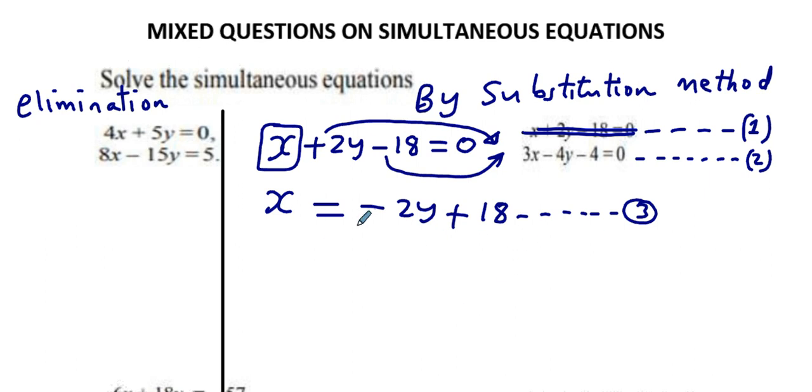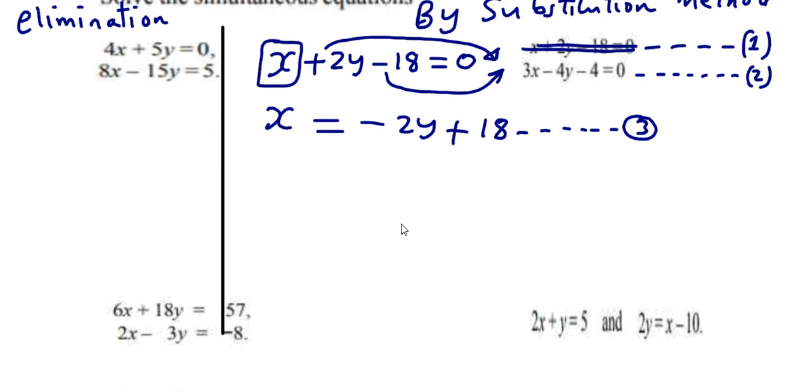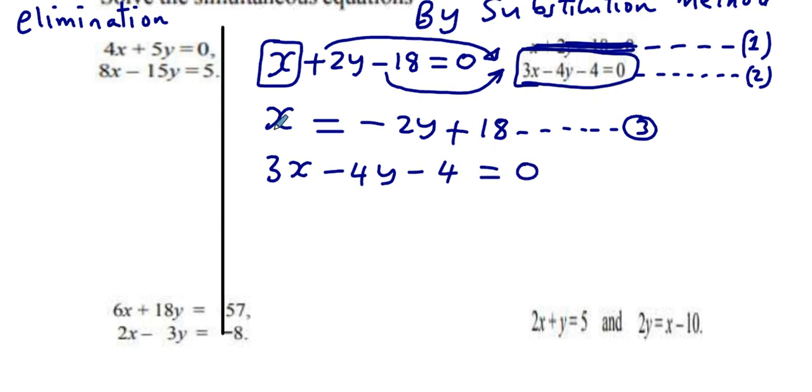Then what I'm going to do is substitute this equation number 3 into this equation over here. That will be 3x minus 4y minus 4 equals 0, but I'm not going to write x here. I'm going to write the value of x, which is negative 2y plus 18.